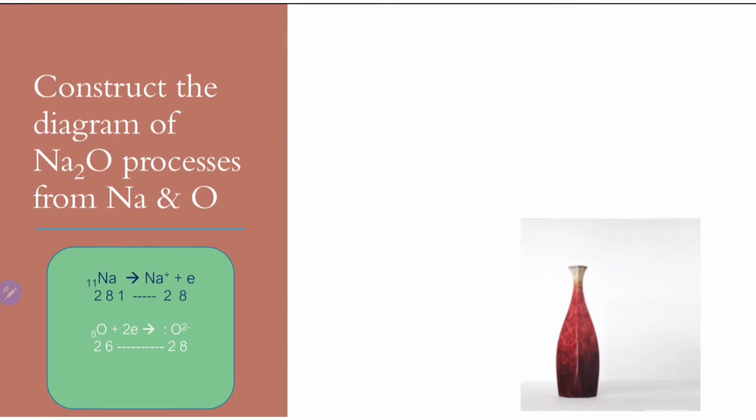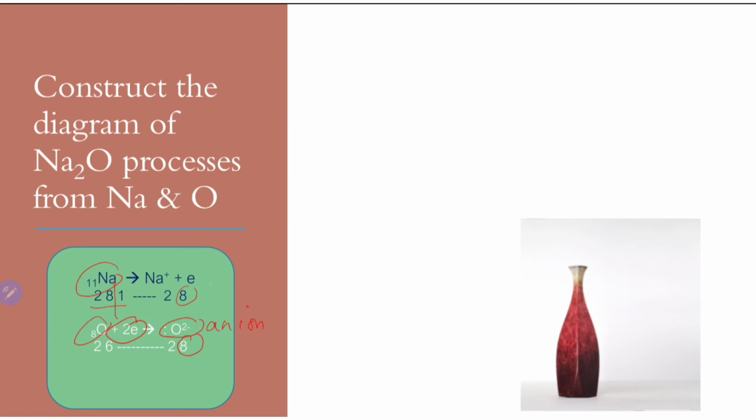Here you have another example. What if the bond is between sodium with number 11 and oxygen number 8? Sodium's configuration 2, 8, 1 releases this one to become octet, and oxygen also becomes octet by receiving 2 electrons and becomes a 2 minus negatively charged anion.